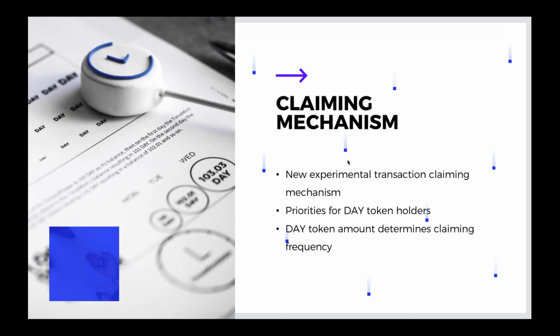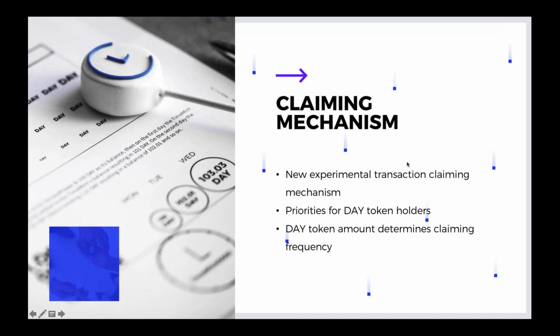If you have a low amount of DAY tokens, you can probably claim transactions at a slower rate than a person with more DAY tokens. This is a very experimental transaction claiming mechanism, and we have implemented the code, and now we're going through some testing and seeing if we can fine tune it in some ways. But we think this is pretty exciting as our DAY token holders will be really happy about it.